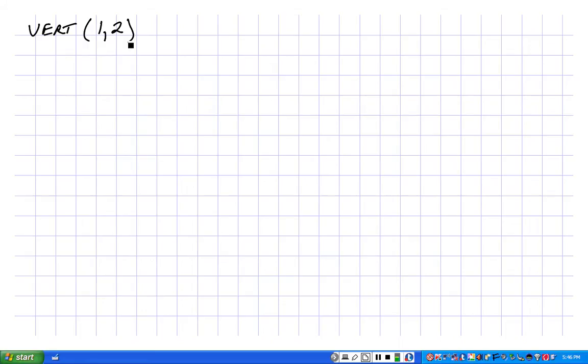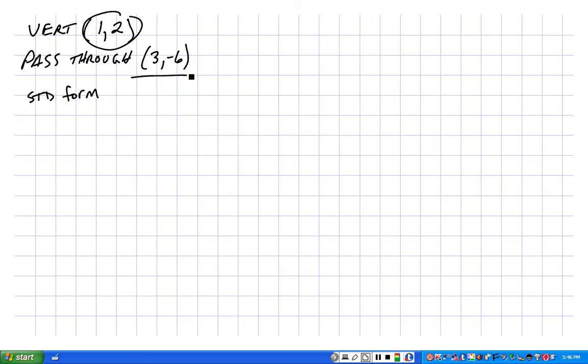We want to write the standard form of the equation of a parabola whose vertex is (1, 2), and the parabola is going to pass through the point (3, -6). We want the standard form of the parabola that has a vertex of (1, 2) and passes through the point (3, -6).